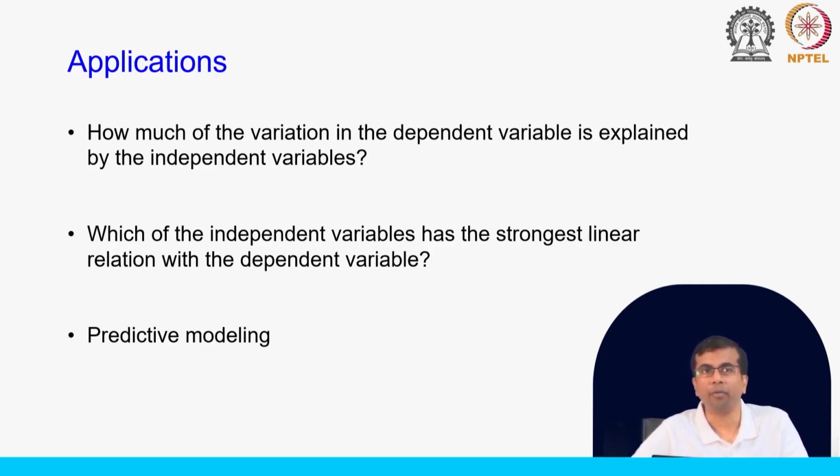We have estimated w and b, so we now know the relationship. Based on this, if we now get new data points x, we want to predict what would be the value of y. Okay, so this is what we call predictive modeling. Once we have built a model based on certain data points, we can get new values of x and predict what would be the value of y.